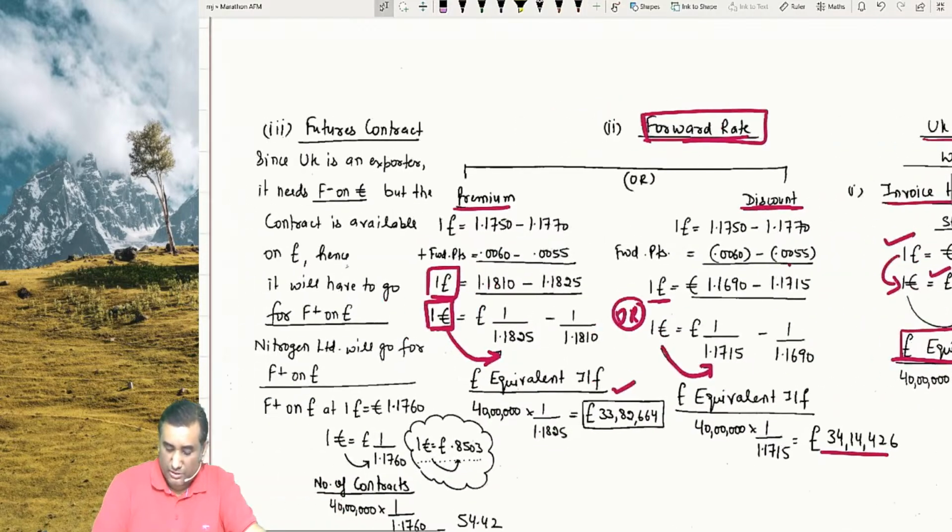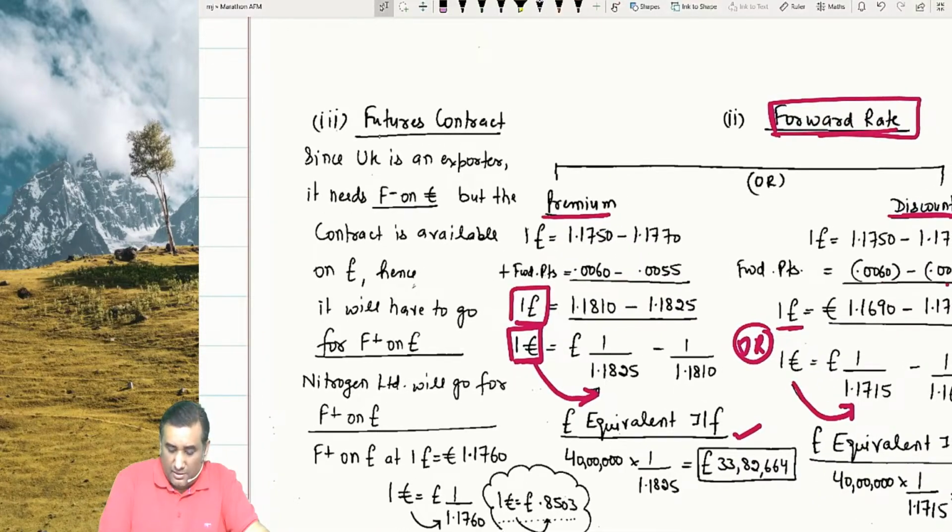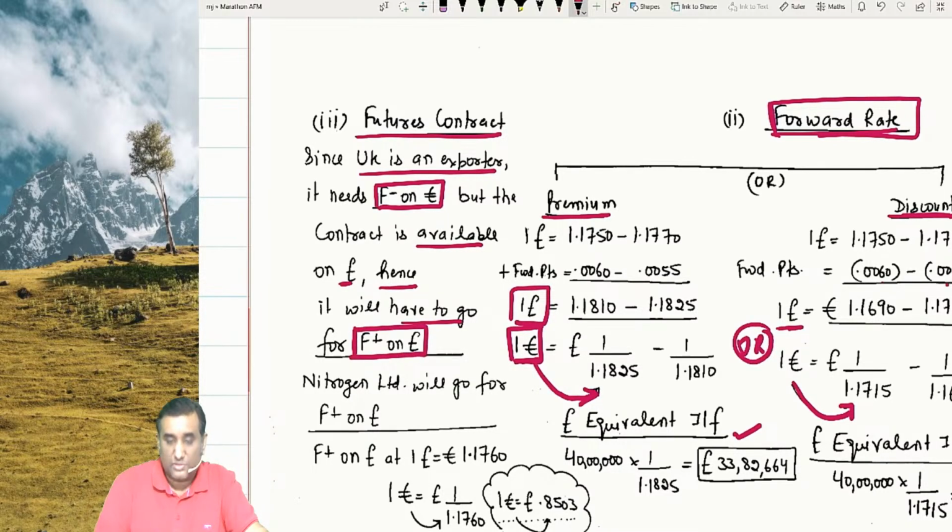Third was important when I said when we do a futures contract, since UK is an exporter, it needs what? Minus on euro. But the contract is available in pound. Hence, it will have to go. Again, I'm saying, since UK is an exporter, minus on euro, but the contract is available in pound.